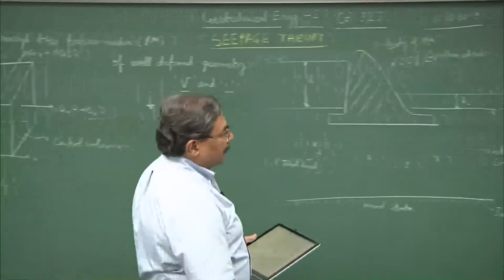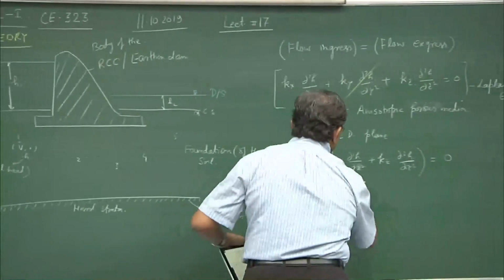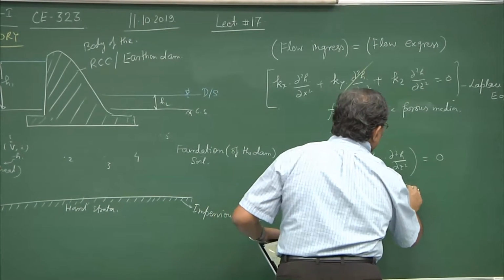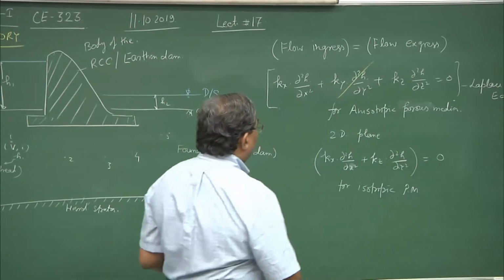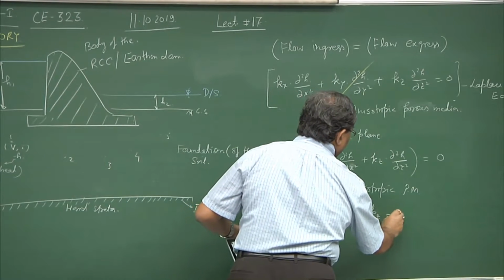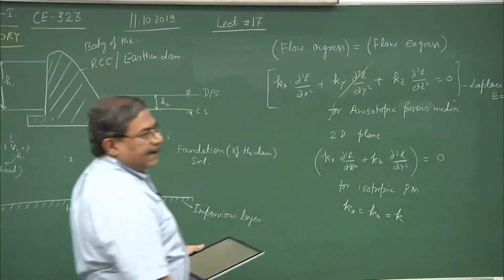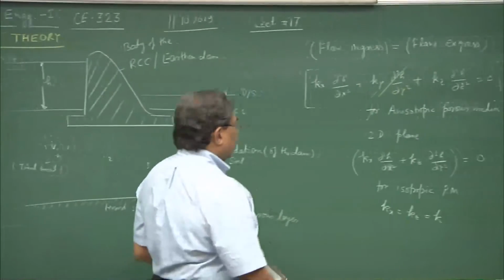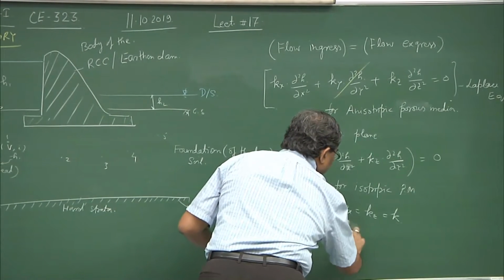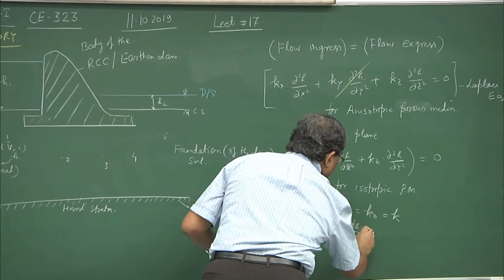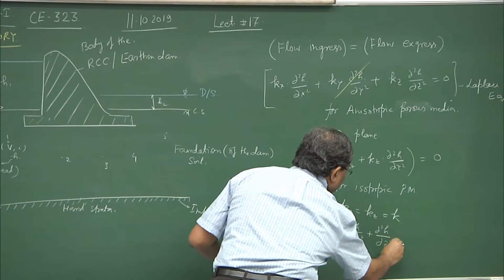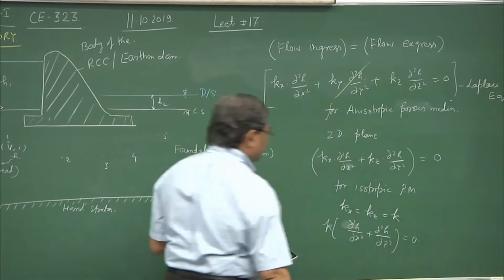To make this system isotropic porous media, I can assume that k x is equal to k z equal to k, and hence I will be getting this equation k into del square h upon del x square plus del square h upon del z square equal to 0.